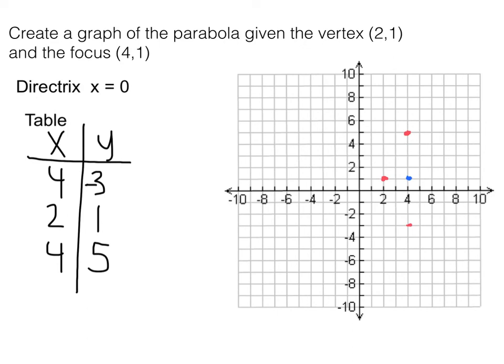We also need the directrix. The directrix is going to be at x equals 0. I found that from moving back the c value from the vertex. So if the vertex is at 2, my directrix is going to be a vertical line at x equals 0.